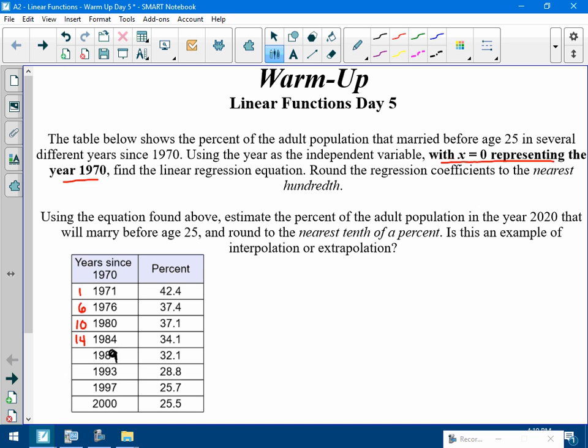So that would have been 19. 1993 would be 23 years since 1970. This would be 27 years, and this would be 30. So when you do L1, remember this is a regression. This is when we do L1, L2. We're going to have to put those numbers, not the 1970 numbers, into L1.